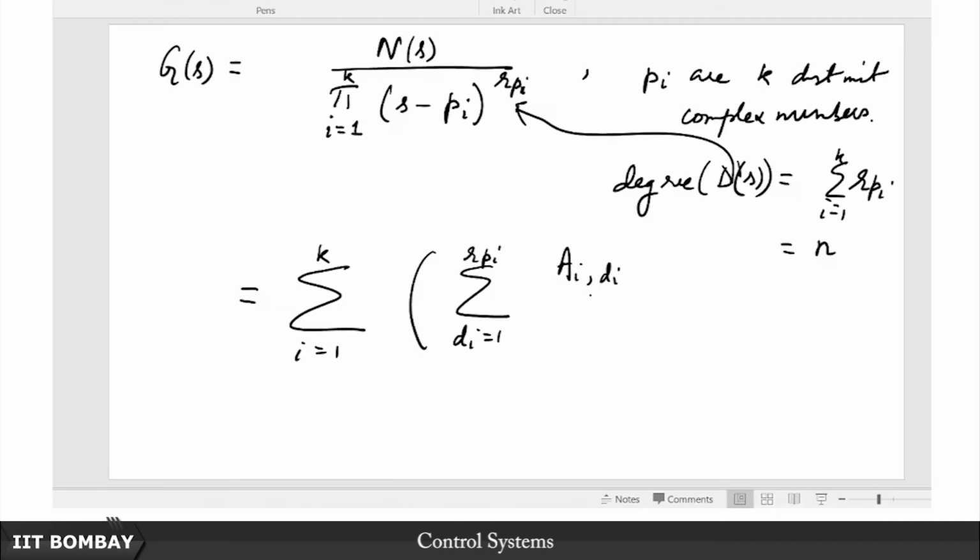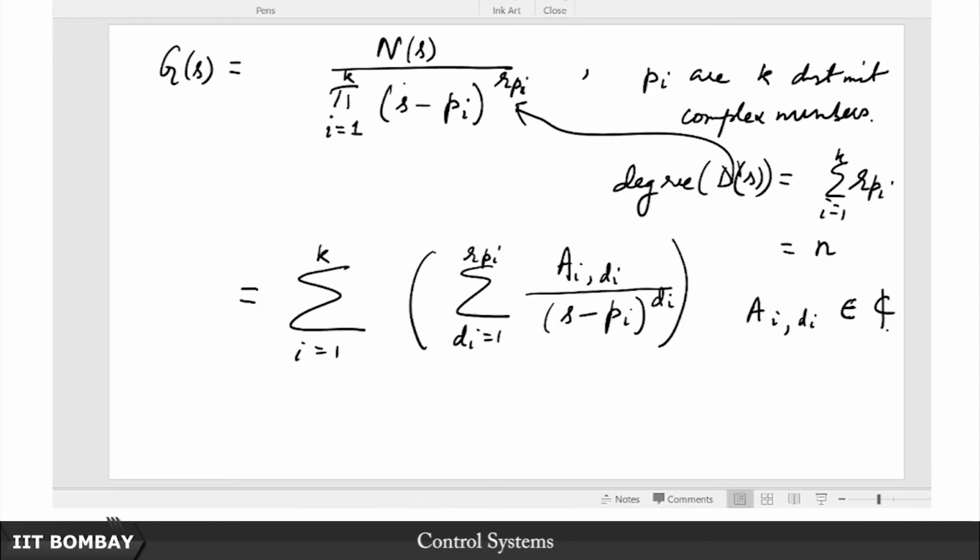A_{i d_i} divided by (s minus p_i) to the d_i, where of course the A_{i d_i}, which are both double subscripted, are complex numbers, belonging to the set of complex numbers. Of course, the p_i's are also k distinct complex numbers. So this is basically how we expand things in partial fraction form.